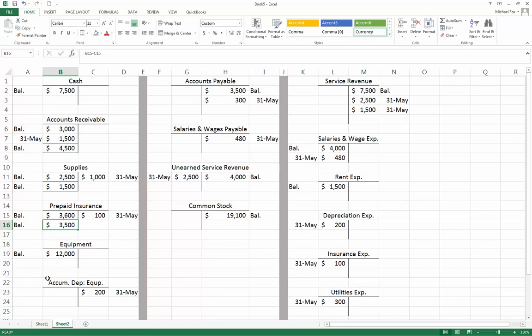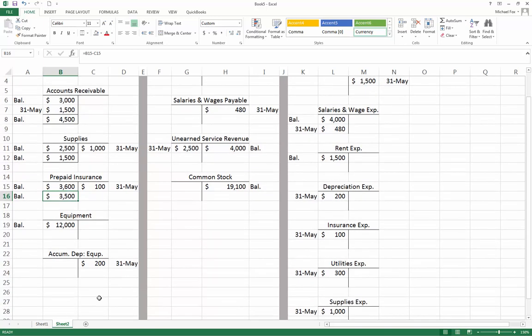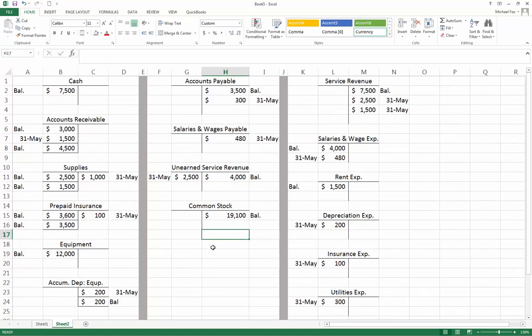Equipment, no change there. Accumulated depreciation, there's a new balance, but we don't have to write it a second time. We know that the balance is 200. We could, if we want, bring it down here and put balance, if that would make it a little clearer.